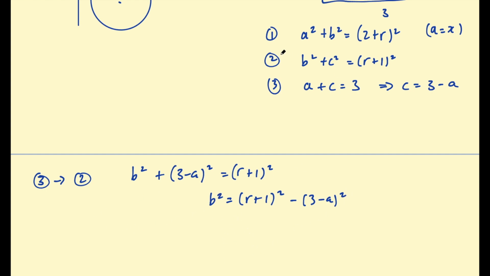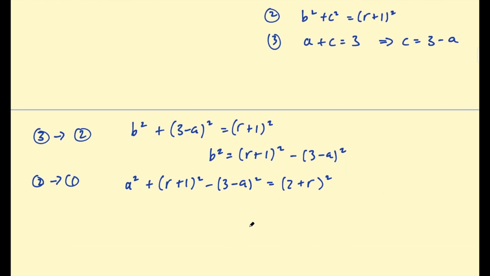Okay, then we're going to take that value for b squared, plug it into the first equation. So we're taking equation 2, plugging it into equation 1. So then we get a squared plus (r plus 1) all squared take (3 take a) all squared equals (2 plus r) all squared. Okay, now we just need to rearrange in terms of a.